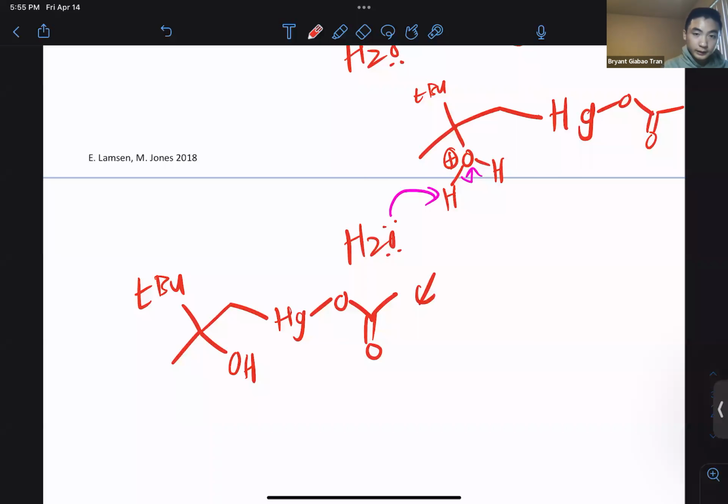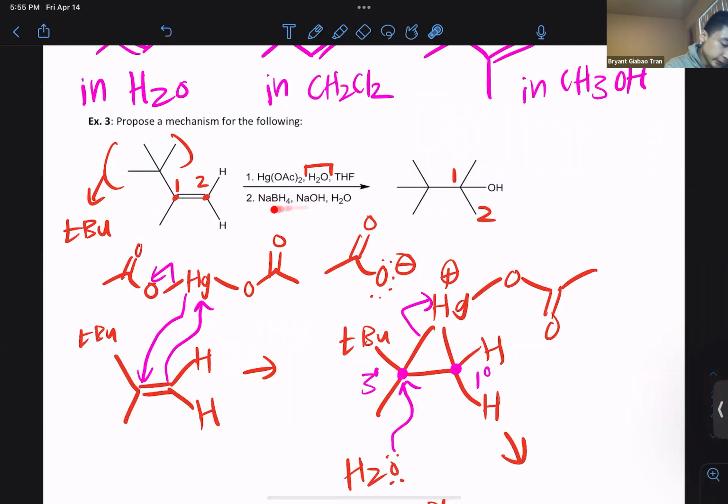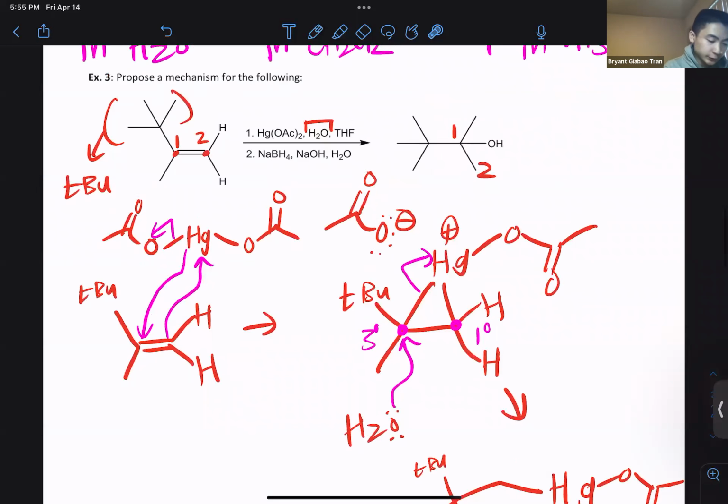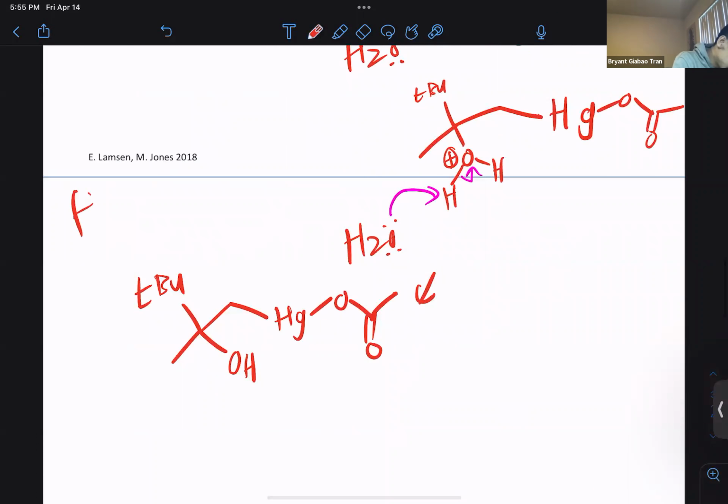Okay. And then now for the very last step, we are going to get rid of this mercury group with the acetate by using the second step, the reducing agent NaBH4. So whenever you see NaBH4, you think of a hydride ion like that.